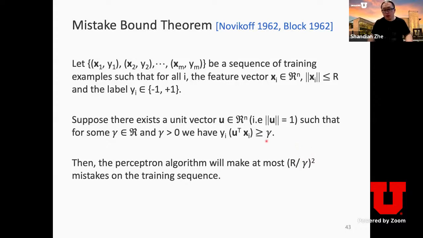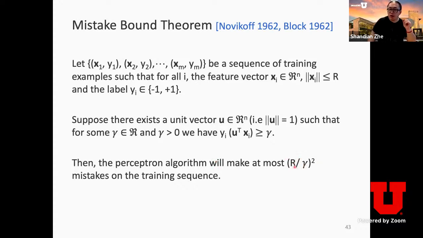Then we can claim that if we run our perceptron algorithm in whatever order you feed the training examples, the algorithm will make at most this many mistakes before it finds a separating hyperplane. This upper bound on the mistakes is R over gamma squared.